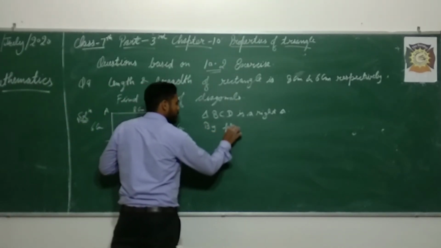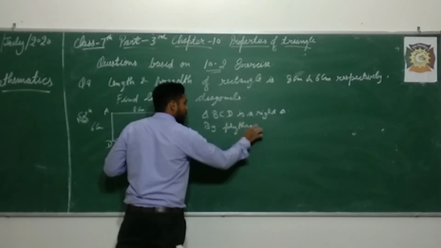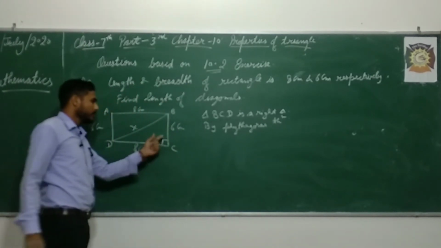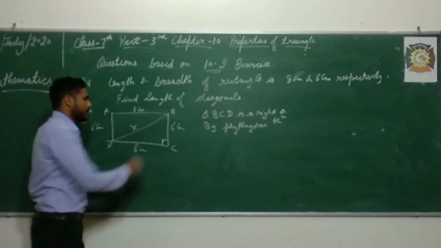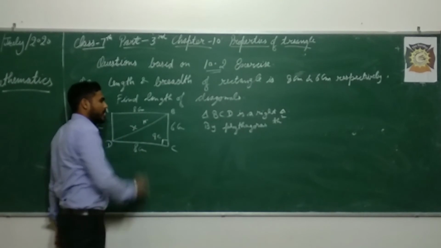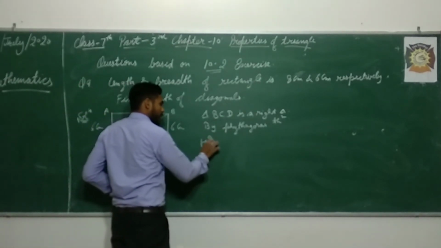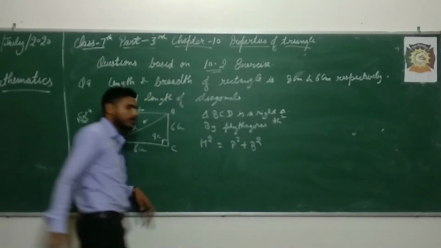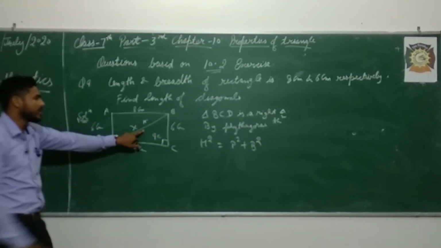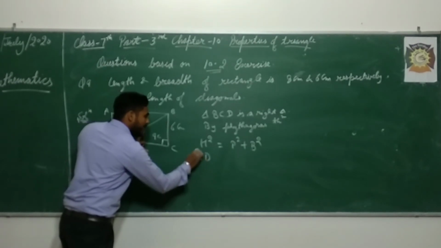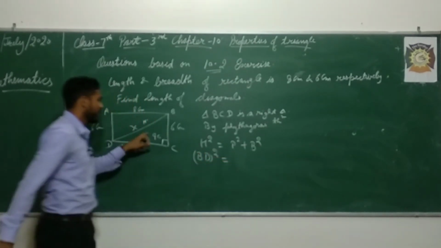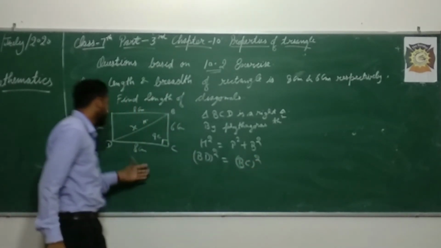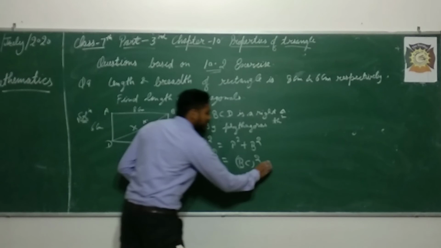By the Pythagoras theorem, the side opposite to the 90-degree angle is the hypotenuse. Hypotenuse square is equal to perpendicular square plus base square. Here the hypotenuse is BD square, the perpendicular is BC, that is BC square, and the base is DC.